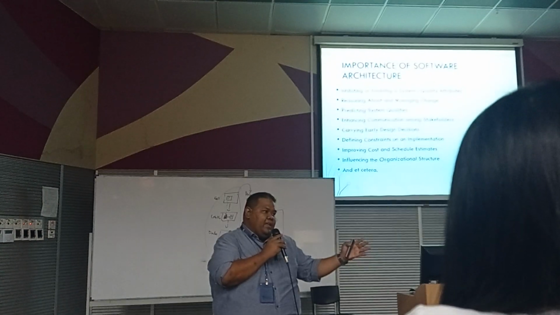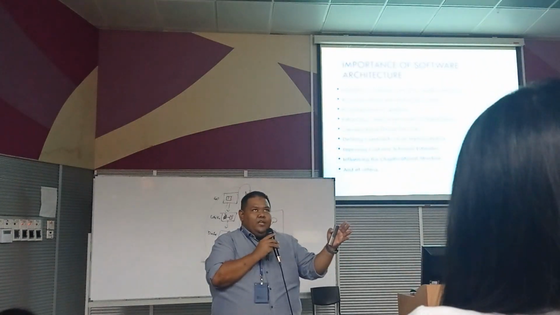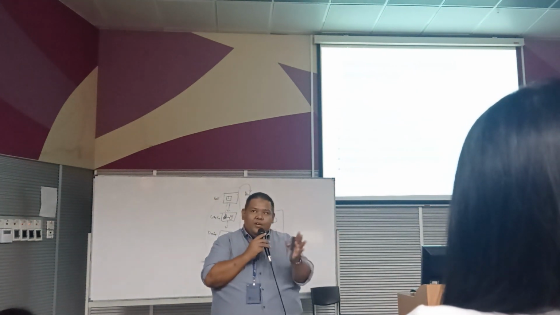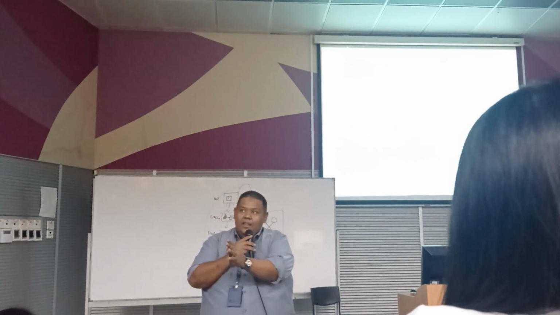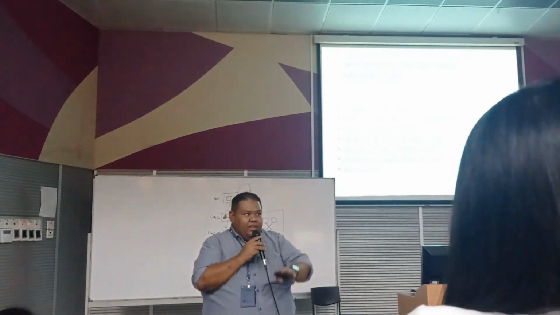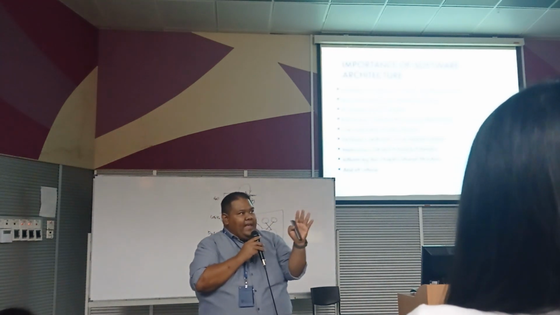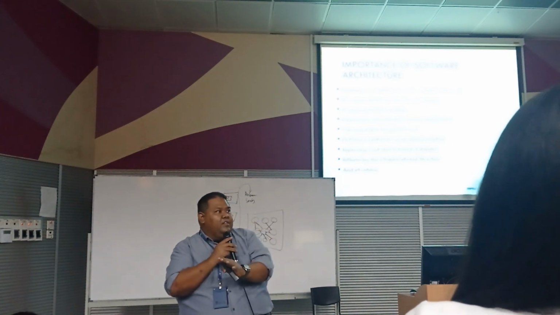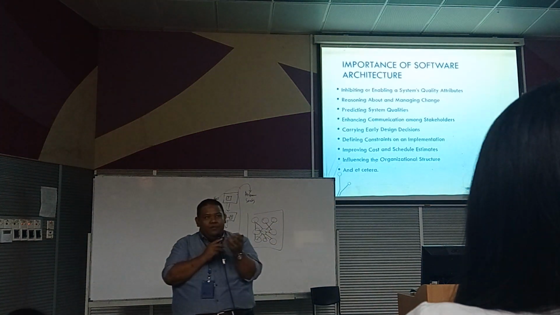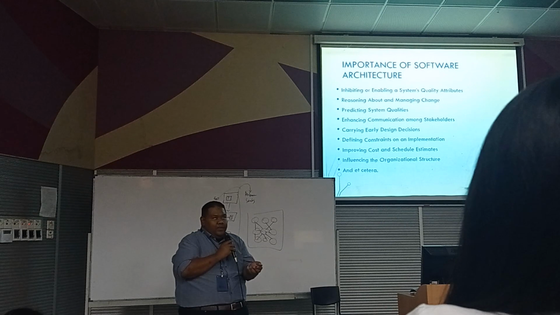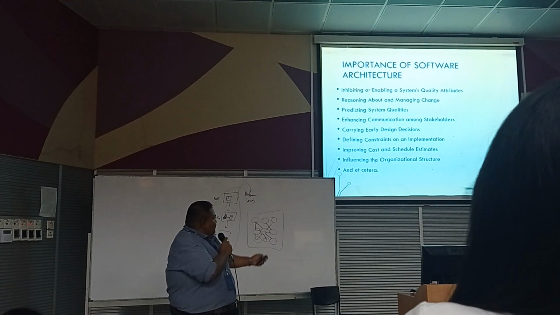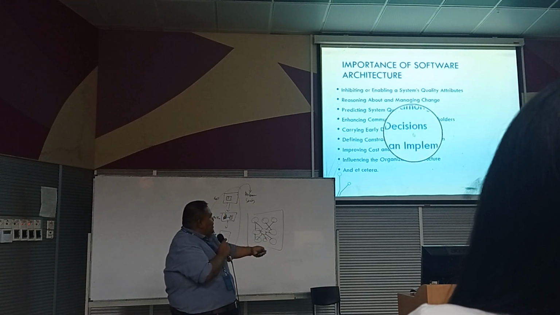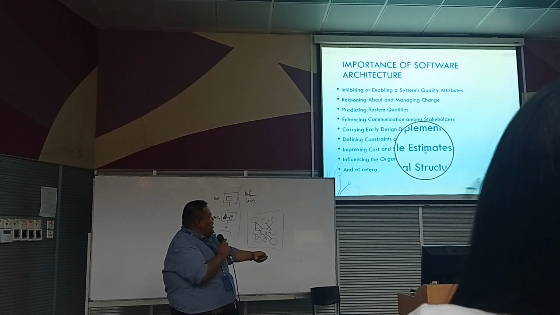So basically your design decision will become very consistent, starting from the architecture until when you write your algorithm. The rule will be similar at any stage, right? That means you're going to have a very strong system design. Okay, defining constraints on an implementation, improving cost and schedule estimation.